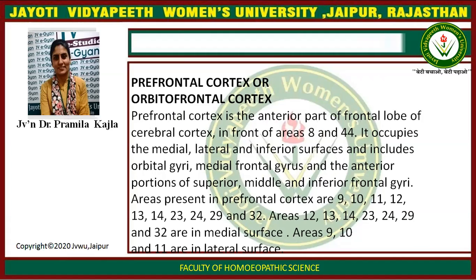Prefrontal cortex or orbitofrontal cortex. Prefrontal cortex is the anterior part of frontal lobe of cerebral cortex. In front of area 8 and 44, it occupies the medial, lateral, and inferior surface and includes orbital gyri, medial frontal gyrus, and anterior portion of superior, middle, and inferior frontal gyri.